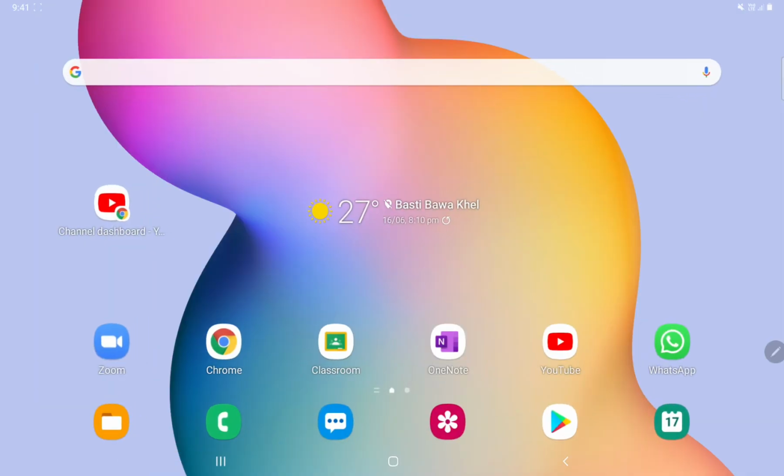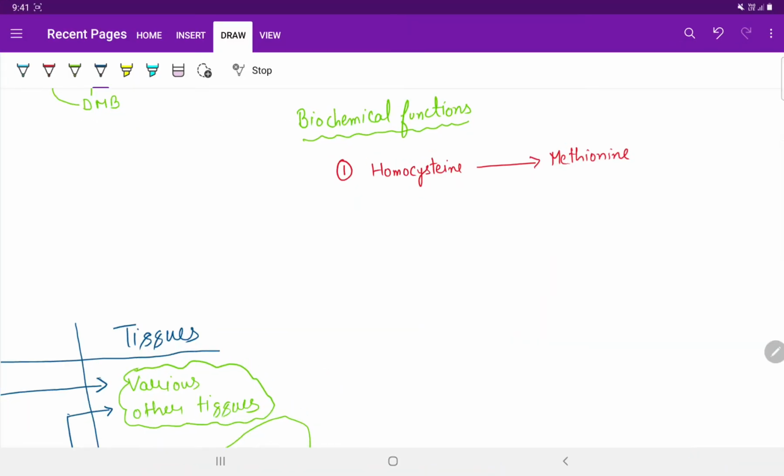So this is a vitamin B12 dependent reaction, and it occurs only in presence of methylcobalamin as a coenzyme.